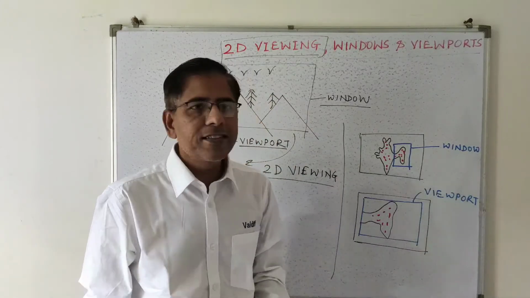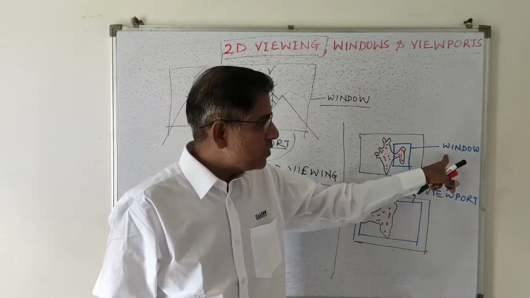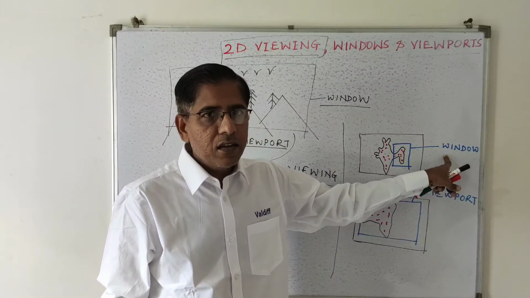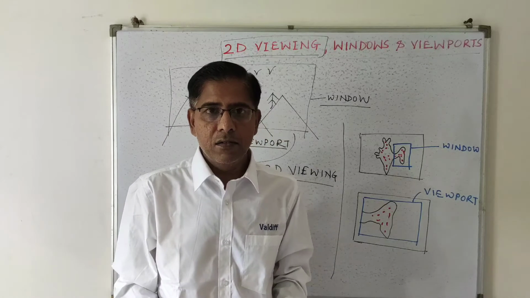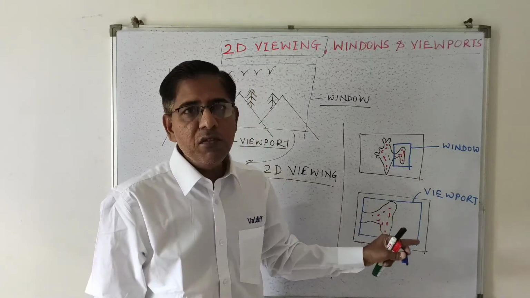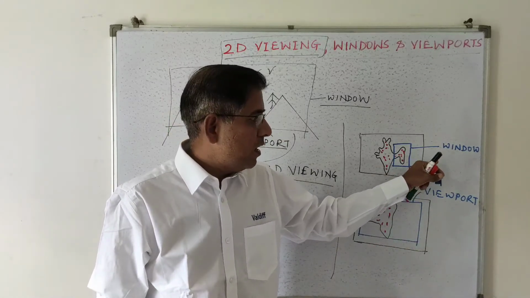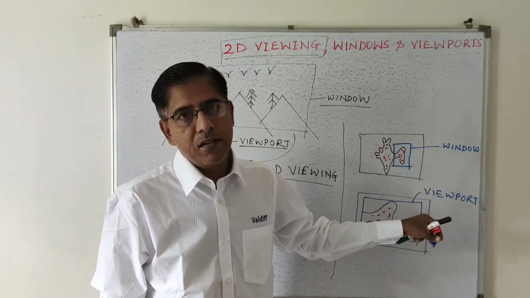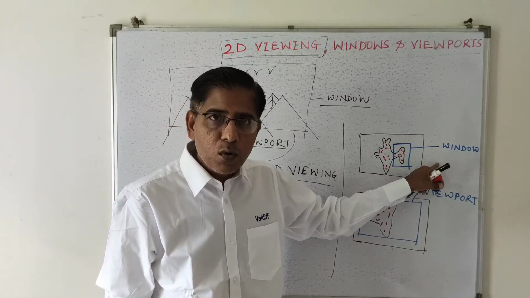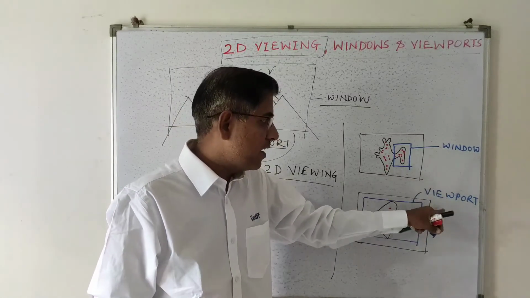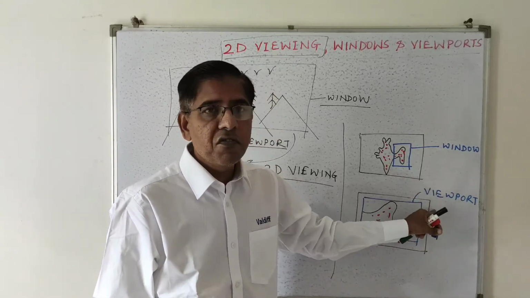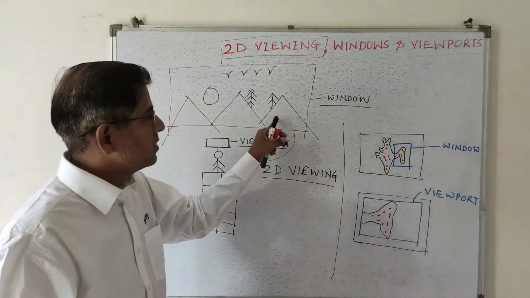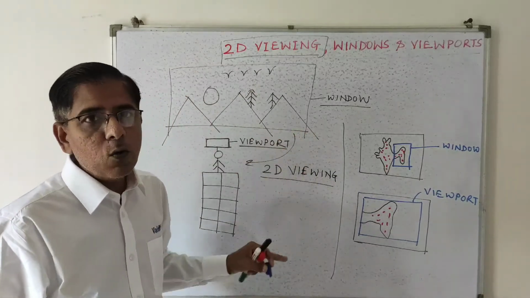Now in this particular example, the size of the window rectangle is smaller than the size of the viewport rectangle. This is also 2D viewing, but in this case upscaling is happening. That means the window rectangle is smaller and the viewport rectangle is larger. So this is an example of upscaling, whereas the earlier one is an example of downscaling.